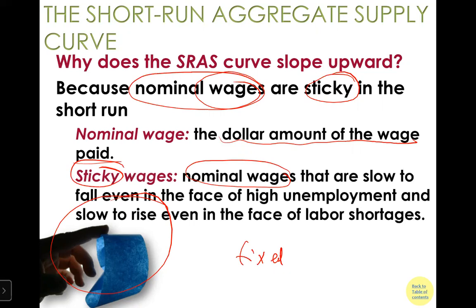Once you agree to work for your employer, or once your employer extends an offer to you, both of you agree, so you're going to work for the business at that wage, and this wage will be good for a certain amount of time, like 6 months or a year.